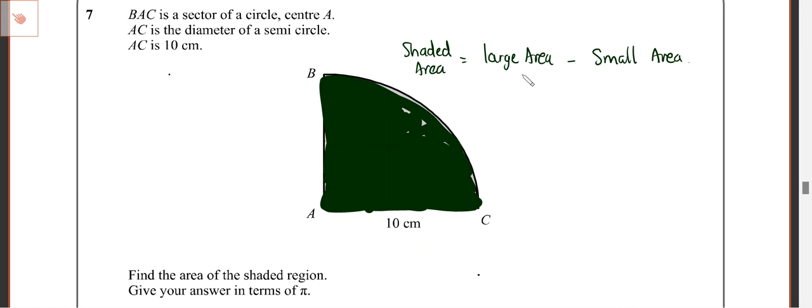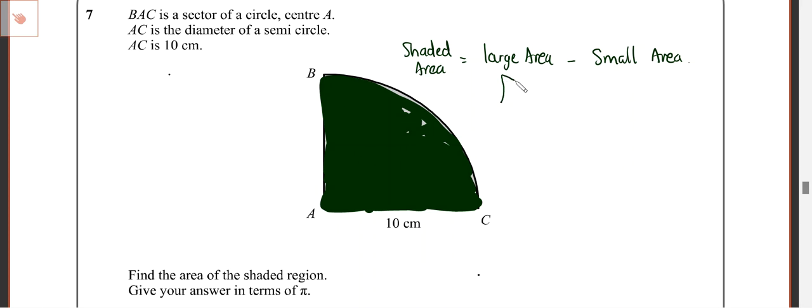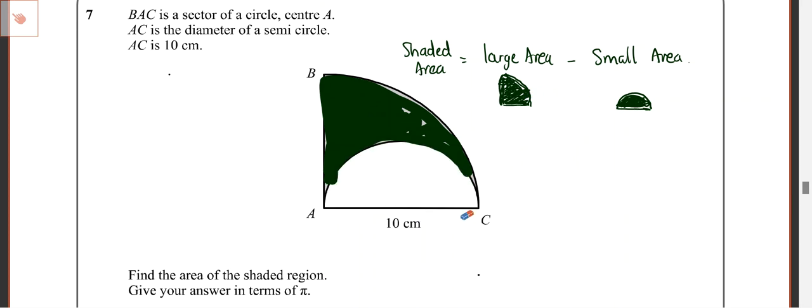So, if I work out the large shaded area, the large shaded area is, that Alistair already told us it's how much of a circle? It's a quarter, and then the small area is, yeah, half a circle, semicircle. Now, if I subtract that area, I'm left with just the shaded area.